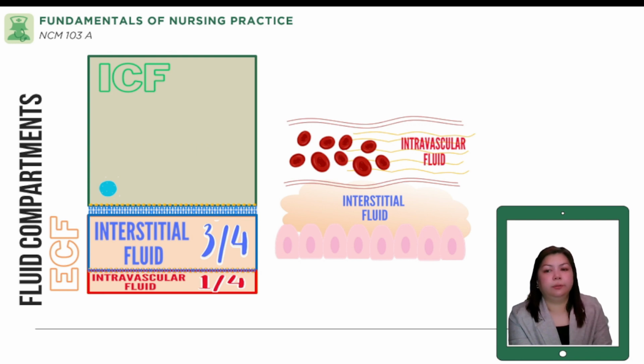So the fluid inside the RBC is ICF, and the fluid outside is your intravascular fluid. And then of course, the fraction of blood that is RBC is called hematocrit.